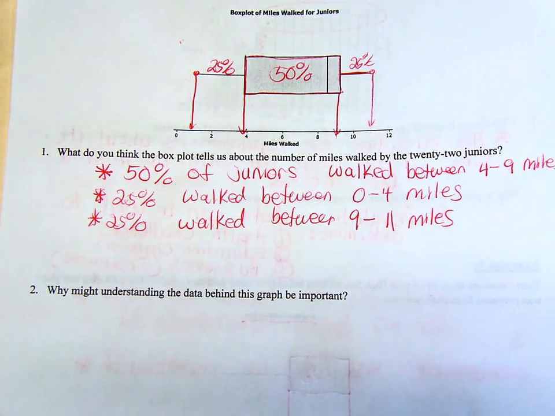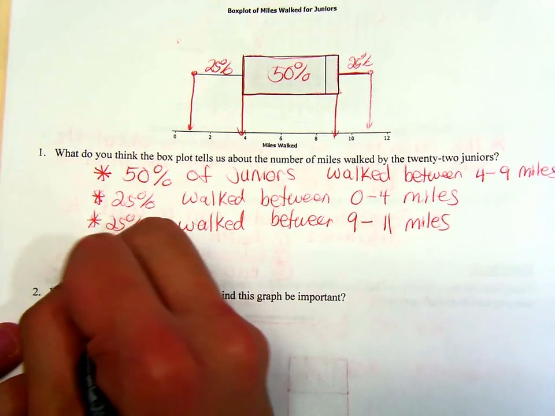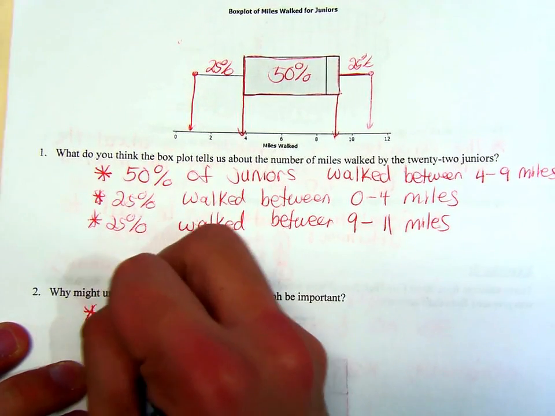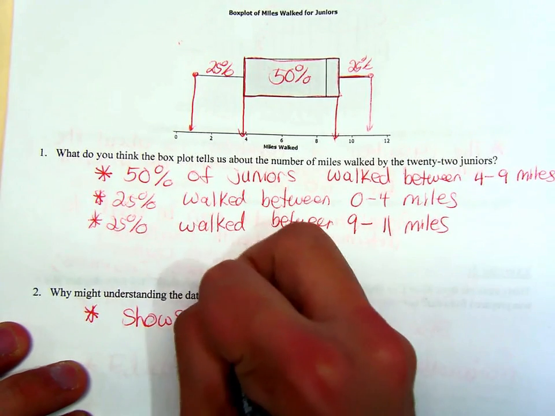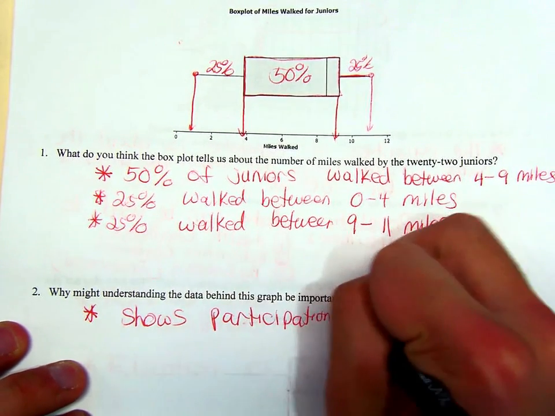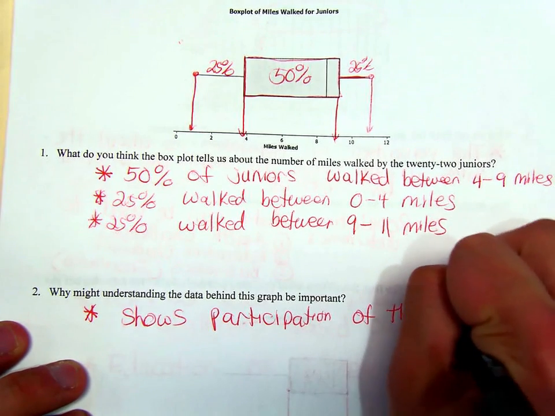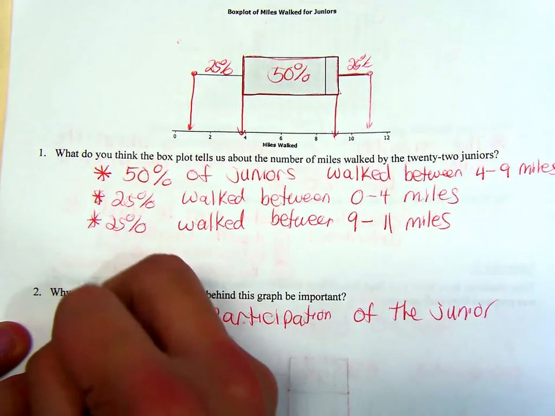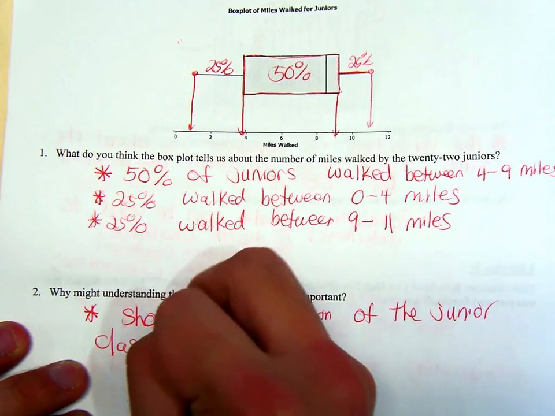Okay. And then again, for number 2, the last question says, why might understanding the data behind the graph be important? Well, this might be important because it shows the participation of the junior class in the walkathon.